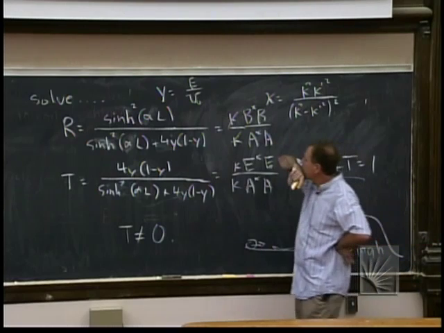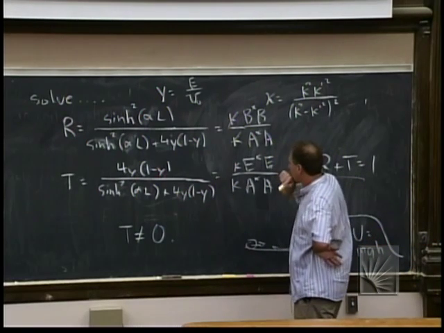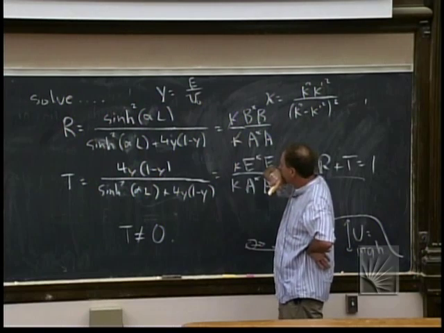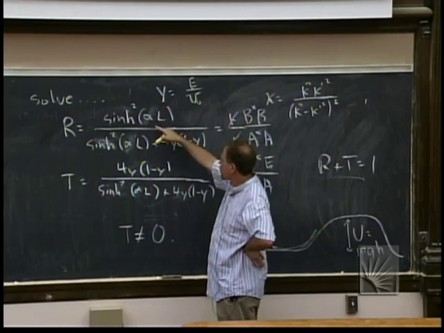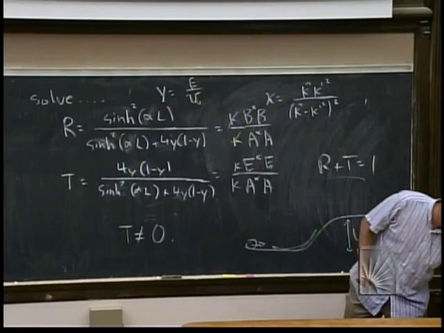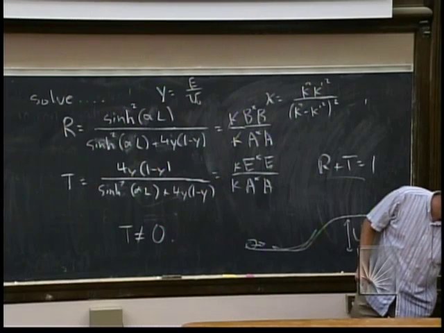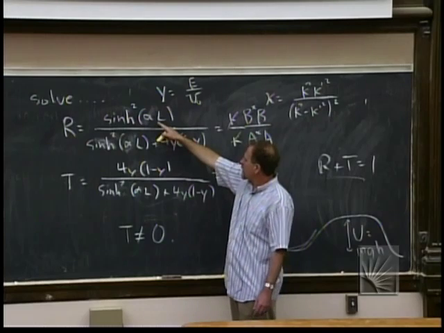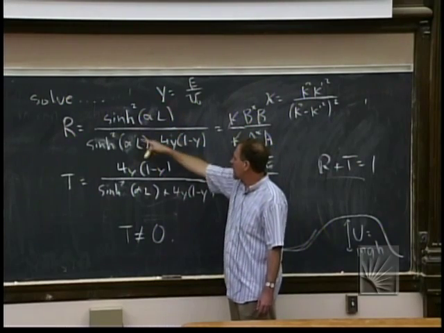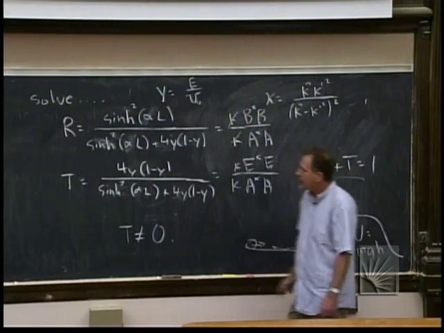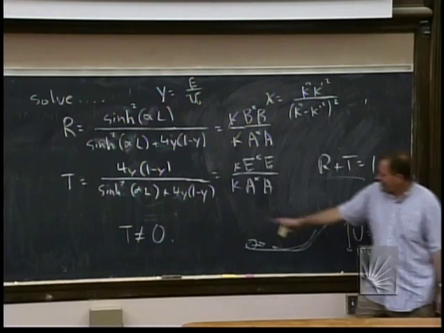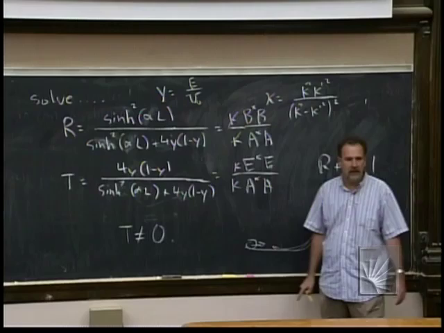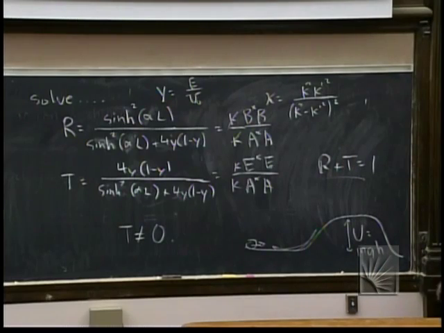which, if you think about it a bit, if alpha L gets big, this is going to go to 1, okay? But there's still this finite probability for this, okay?